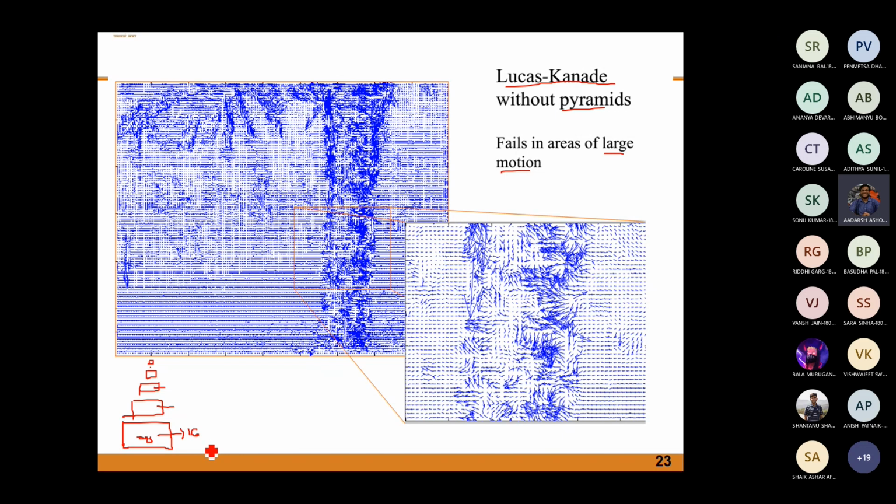Let us assume that it is 16 here. When you subsample this original image to the next level, the same displacement information can be captured within just an 8 pixel region, or when you subsample again, within a 4 pixel region, and here within a 2 pixel region, and so on, right?